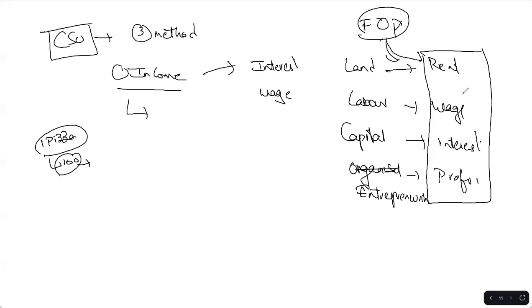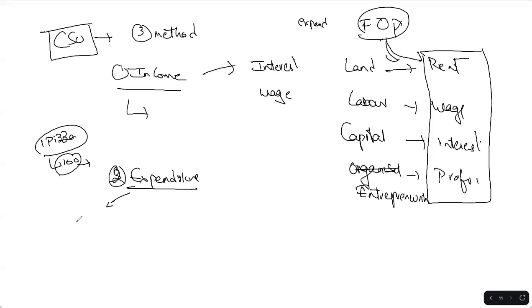Agar aapne rent calculate kiya, I have given the example, you can watch the previous video. Okay, so whether you are calculating the expenditure side or you are calculating the income, both are giving the same value. Okay, so through the income method we can calculate, then we can also calculate through the expenditure method. So किसका expenditure calculate करोगे आप?